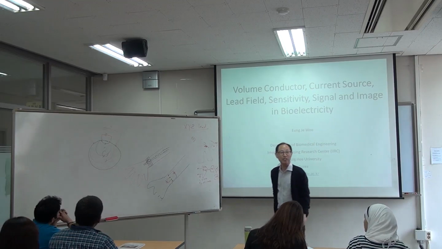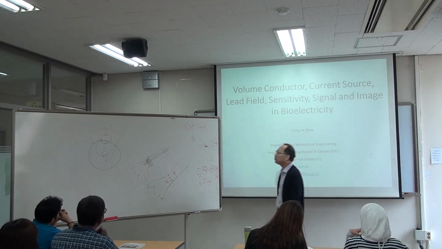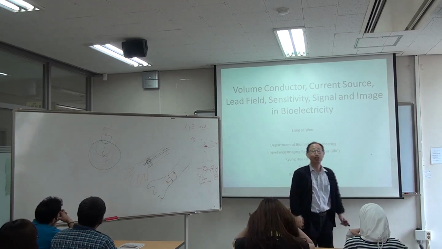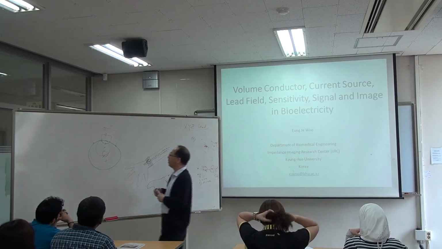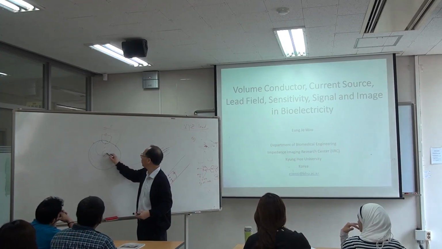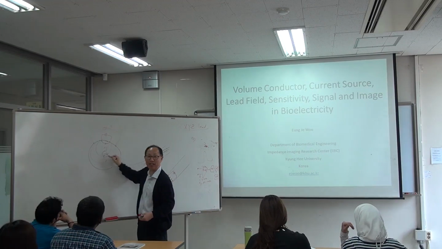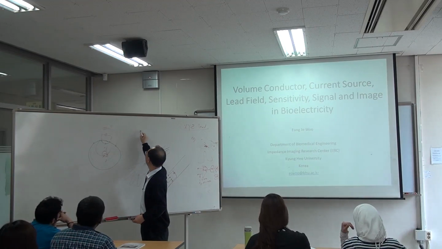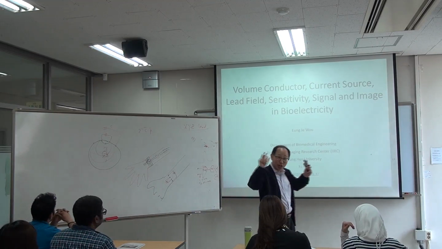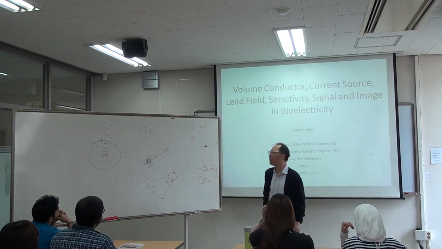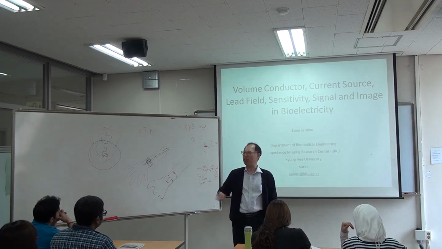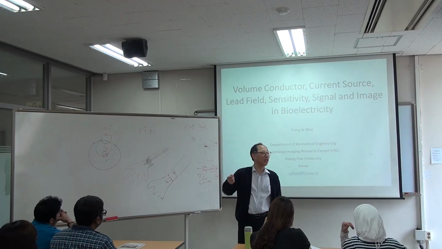And then what's going to be the voltage measured between these two electrodes when we injected current? Inner product. So now we know what's going to be the lead vector. Around this point there's going to be a lead vector. So these are lead vectors, right? The voltage is going to be the sum of the inner product between the lead vector and the current density vector. So inside the wrist there is no endogenous or spontaneously generated internal current source.